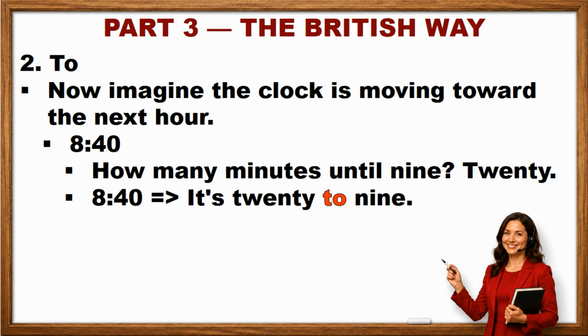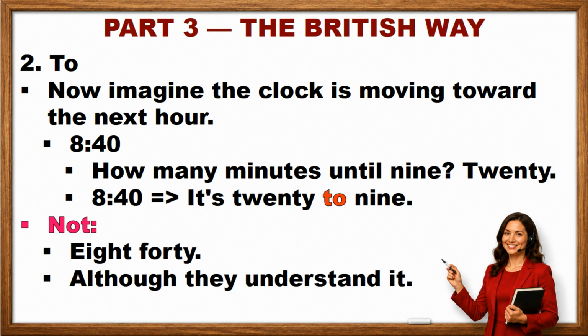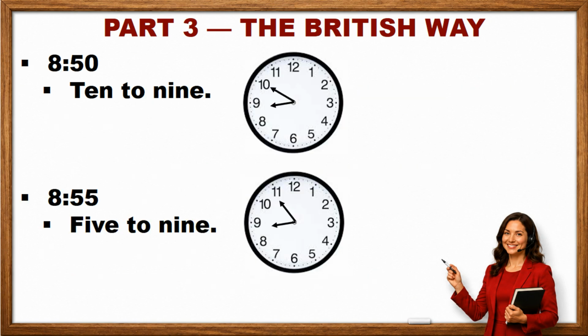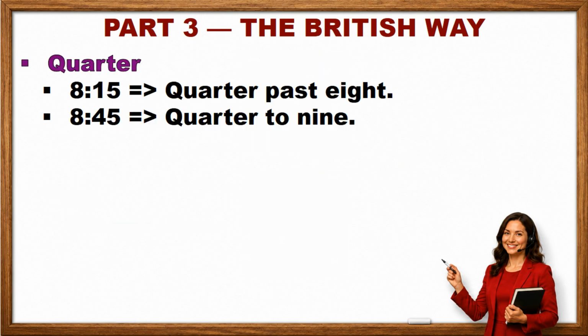How many minutes until 9? 20. So British speakers often say, "It's 20 to 9." Not 8:40. Although they understand it. More examples. 8:50. 10 to 9. 8:55. 5 to 9. Quarter. 8:15. Quarter past 8. 8:45. Quarter to 9. Very common.